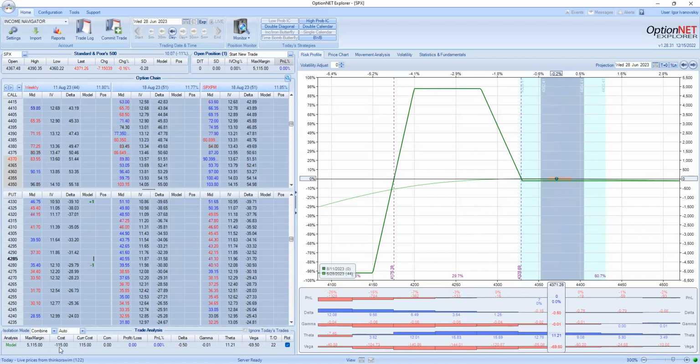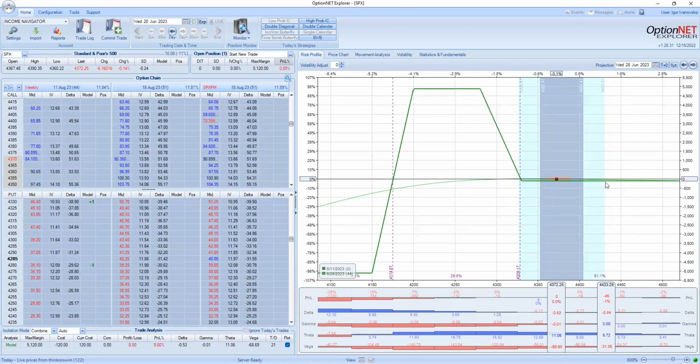We're not entering for a credit, we're entering for a debit. We're paying money, which means that if the price is going to trend higher, we have risk, and that risk on the upside is the debit that we're paying to put this trade on.